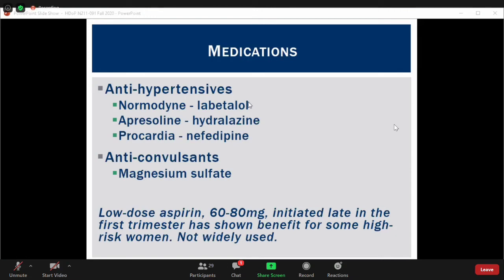So it will contribute to lowering the blood pressure, right? But that's not why you're giving it. It is not an antihypertensive. You're giving it as an anticonvulsant. You just get this little extra benefit from it. So sometimes when you put a preeclamptic patient on magnesium sulfate as an anticonvulsant, you don't need to give her anything for the blood pressure because you get this little added benefit that lowers the blood pressure a little bit.